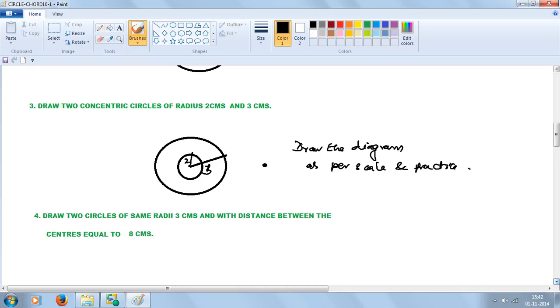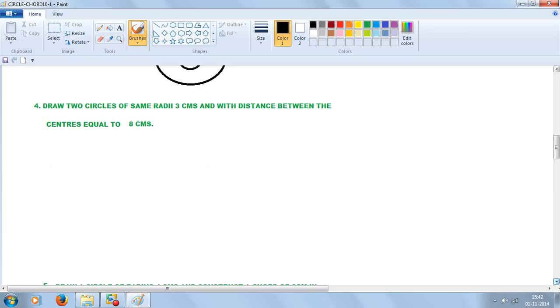So we'll do some more problems. Draw two circles of the same radius 3 centimeters with the distance between the centers equal to 8 centimeters. So we'll be doing more problems.